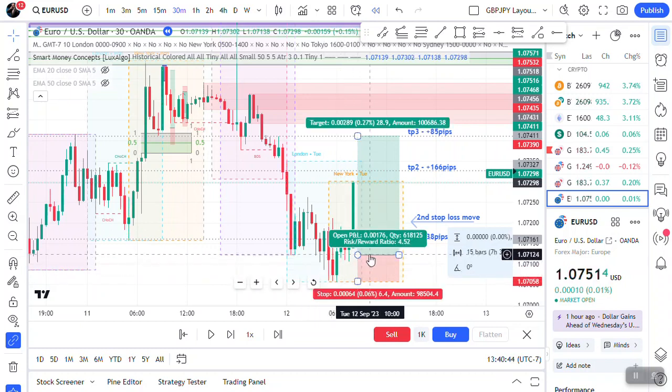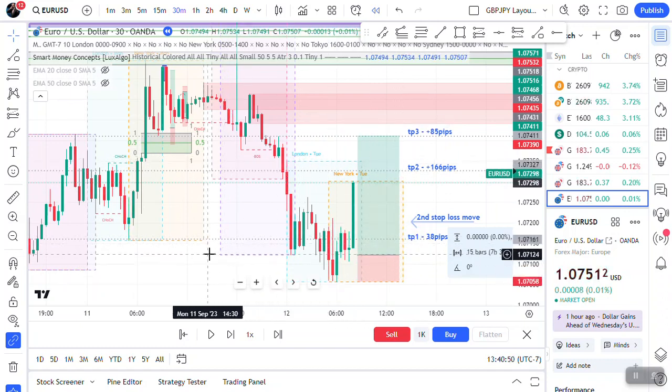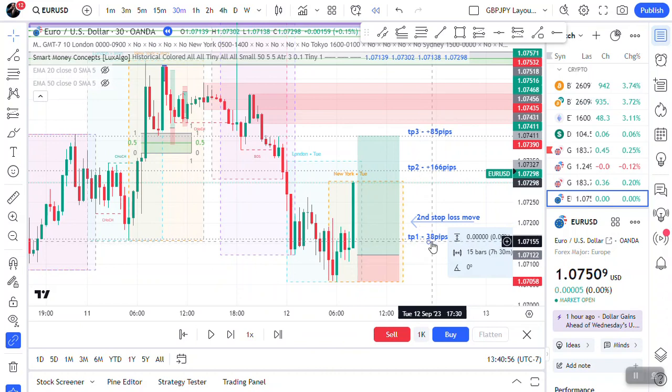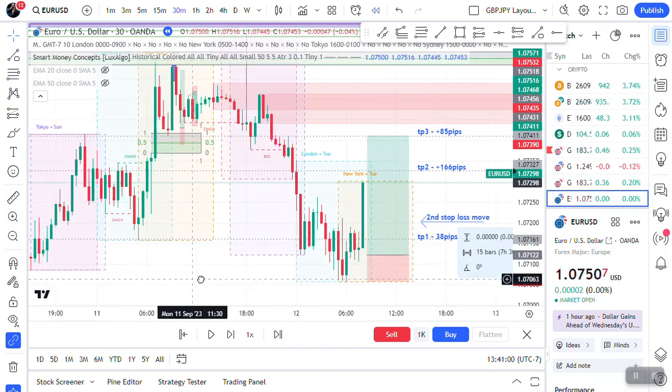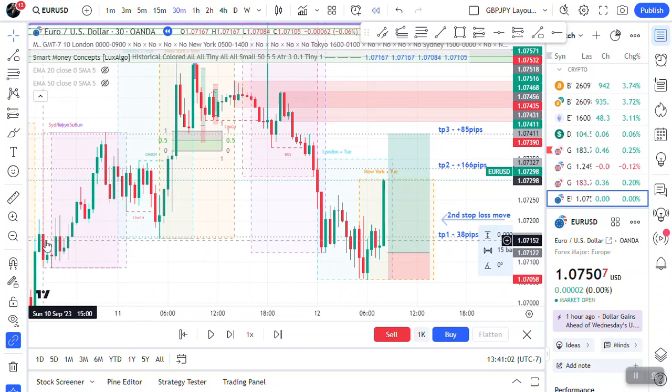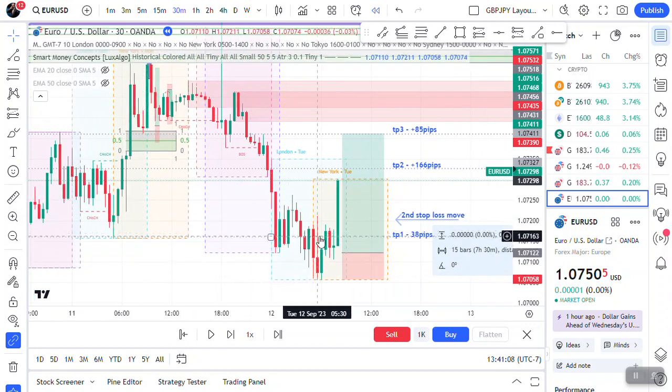So I set my entry here, and for my take profits, which is really interesting, I'm looking at areas of support and resistance. My first take profit was 38 pips, and you see all this support and resistance here, so I decided to take that as my first take profit.